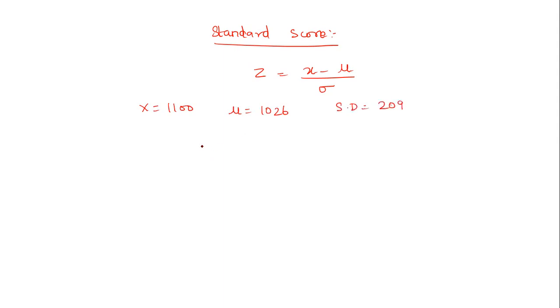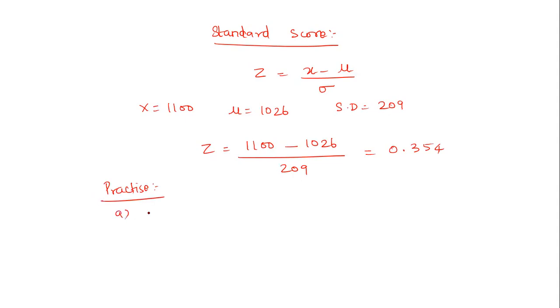Calculate the Z score. So Z is equal to 1100 minus 1026 divided by 209. The Z score for this is 0.354.